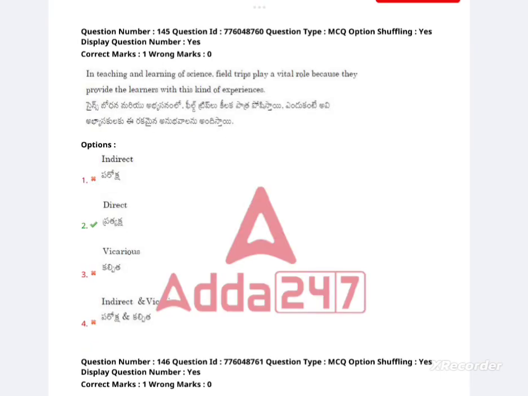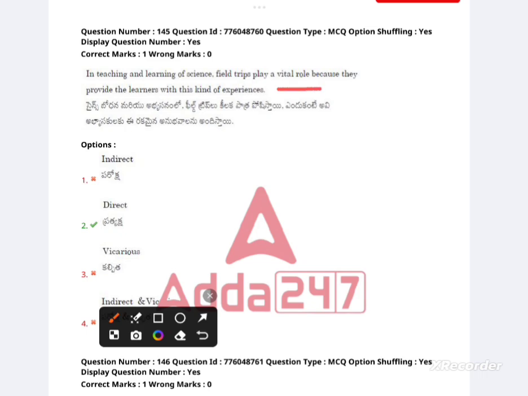So this is EVS methodology. Our question is, in teaching and learning of science, field trips play a vital role because they provide the learner with this kind of experience.